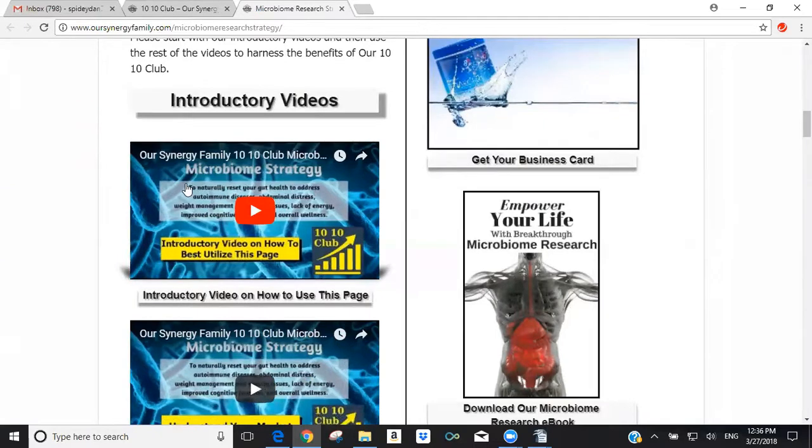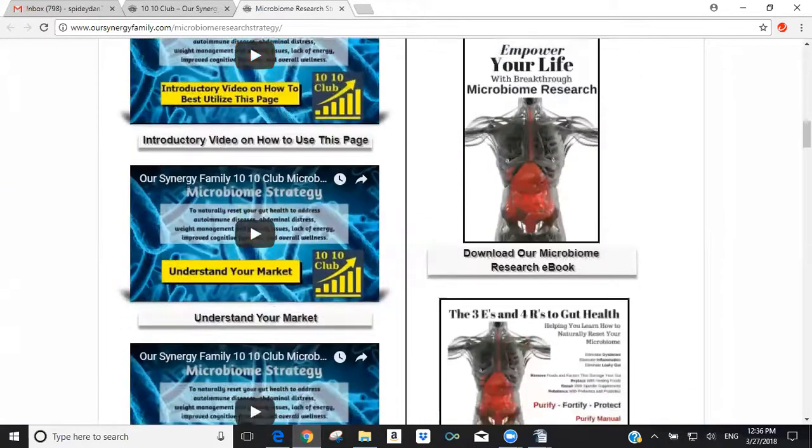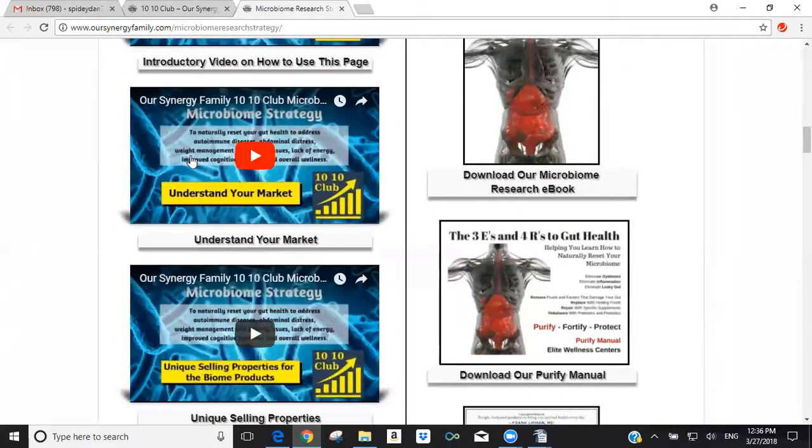The first one just tells you how to use this page properly, but the second one actually helps you understand your market. And in that video, Understand Your Market, there's 2 key pieces of information that you need to understand to help you realize the size of your market for implementing this strategy.